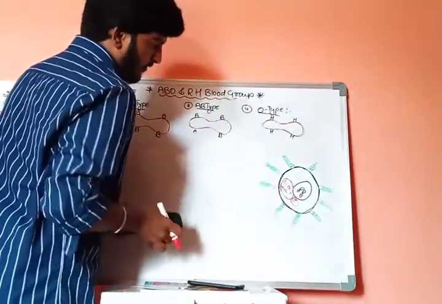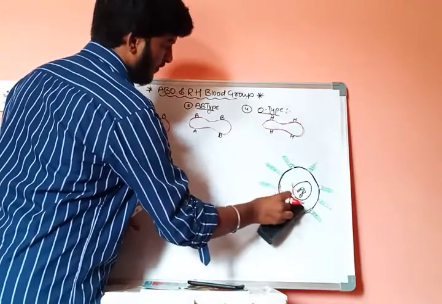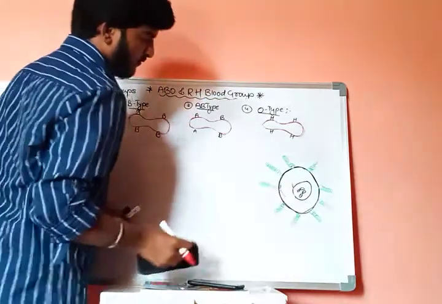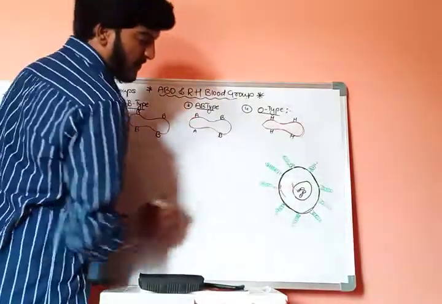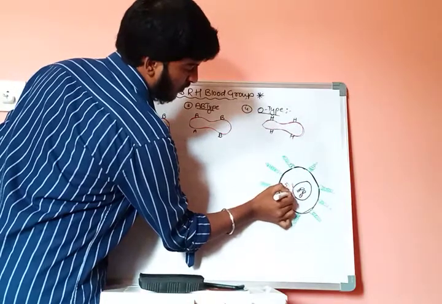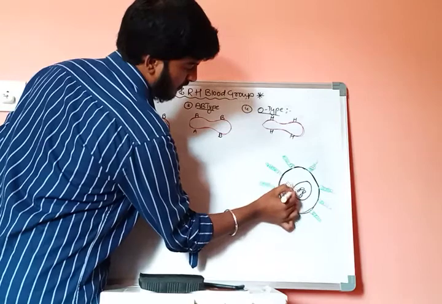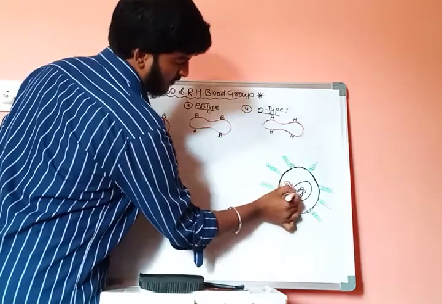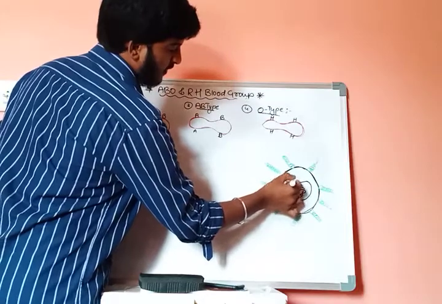Sorry, the chromosome number 19 produces a special type of enzyme, that is fucose transferase. This is fucose transferase.